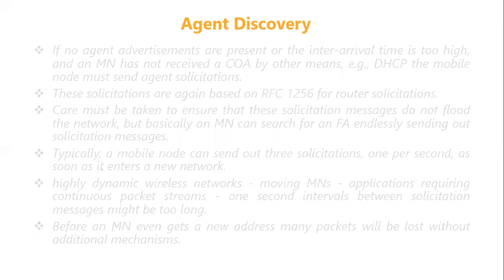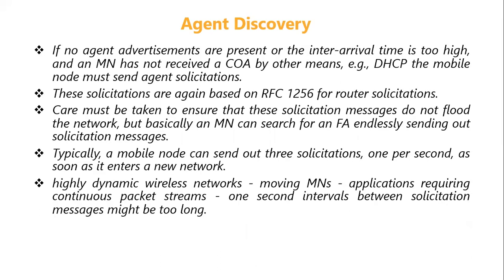What this technique says is, if no agent advertisements are present, or the inter-arrival time is too high, and an MN has not received a COA by other means, because of these reasons.